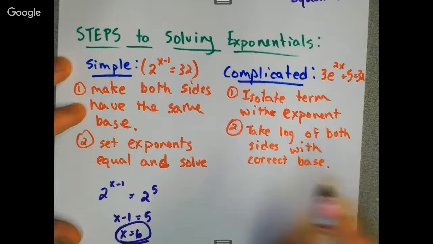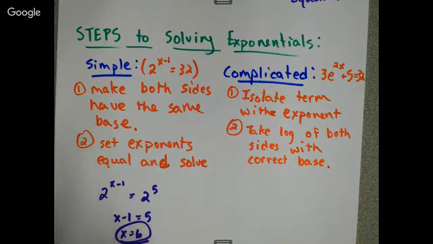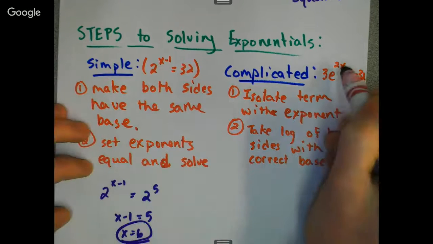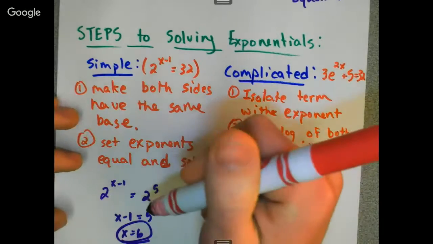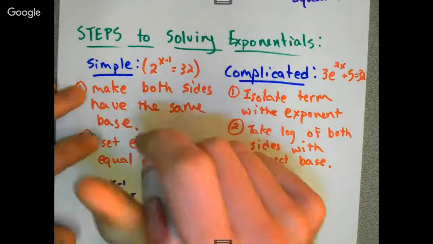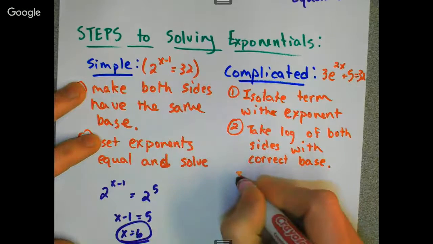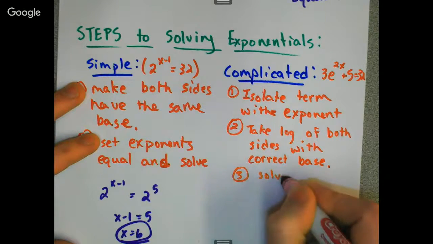And remember, if the base of the exponent and the base of the logarithm match up, we get to cancel it, and that's what we're trying to do. The exponent comes down in front. After that happens, then we'll just solve.